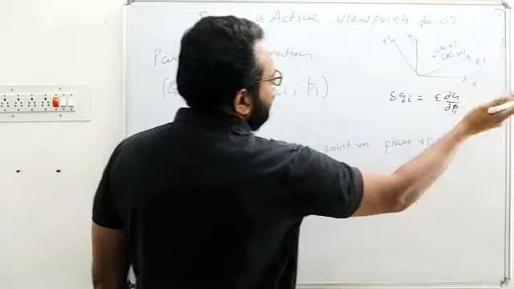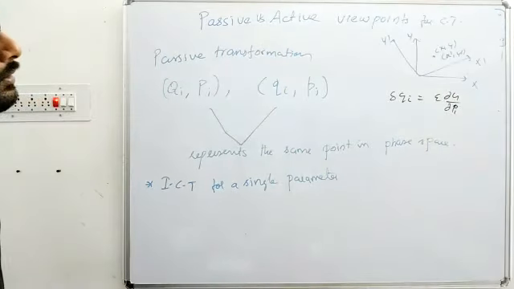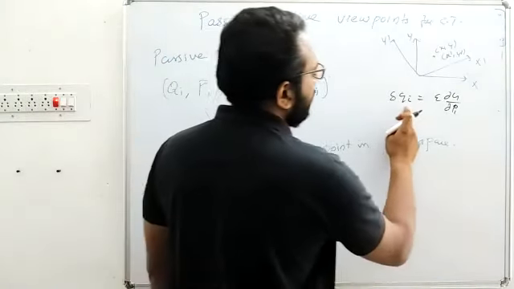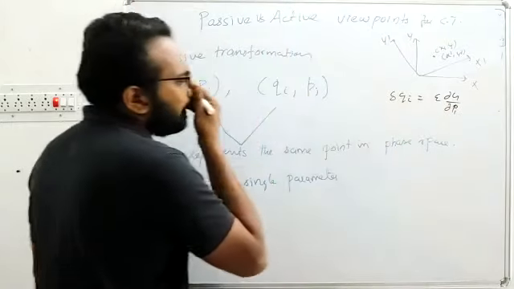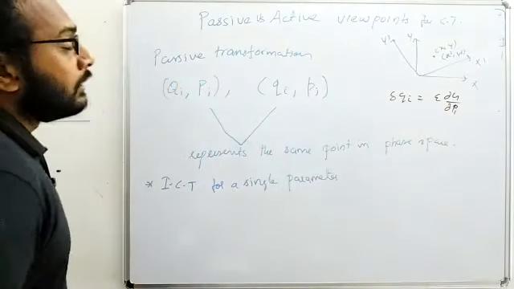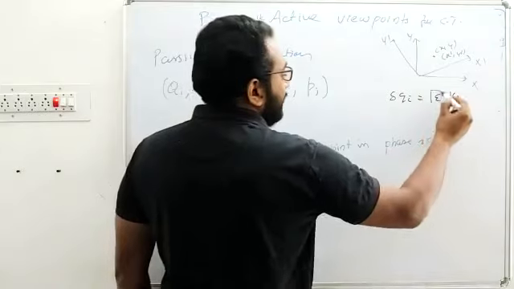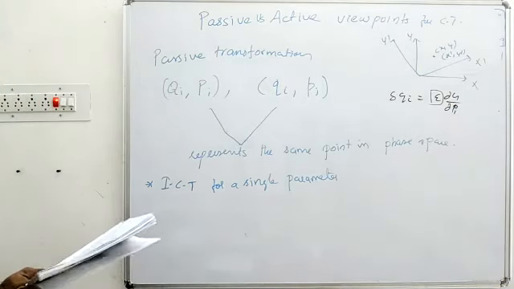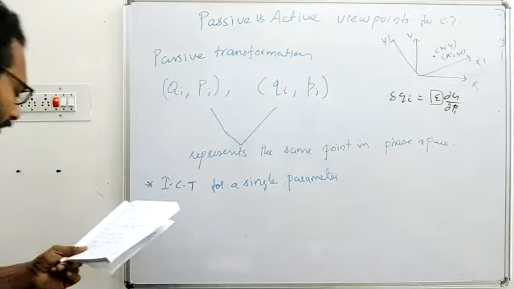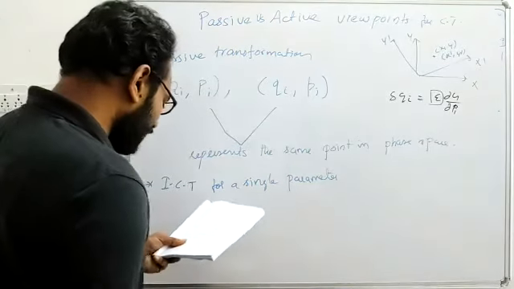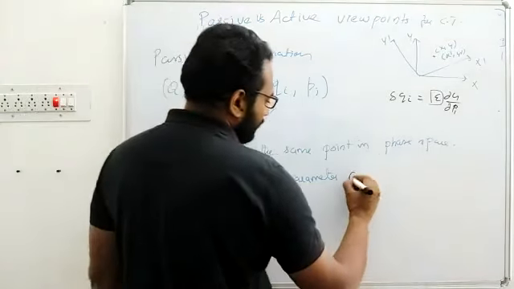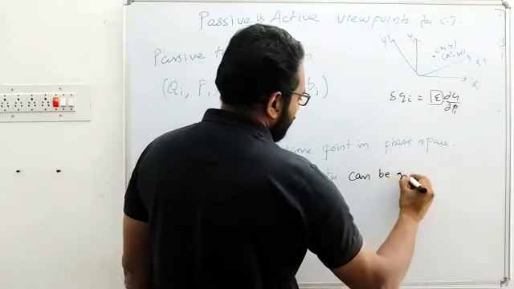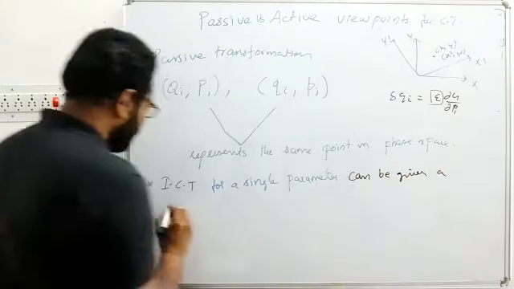Something like that. I think that's delta Qi is equal to, yes. Okay. So you see that this epsilon is a single parameter which describes the transformation. It could be a small displacement in time. It could be a small displacement in position. It could be a small rotation. But we have a parameter. So we can say that infinitesimal canonical transformations for a single parameter can be given a different interpretation.